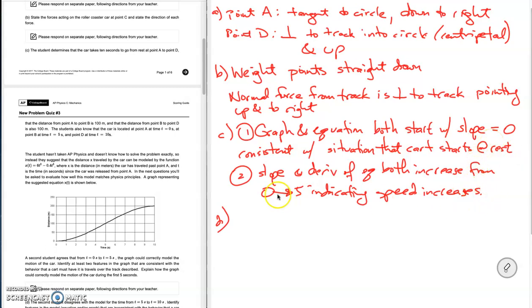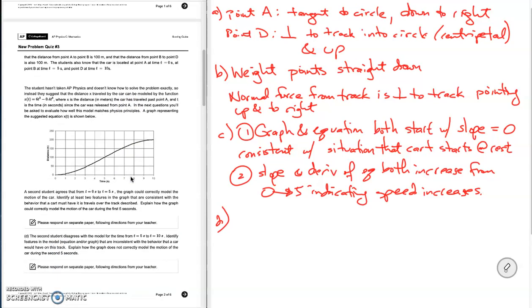Now in part D, instead of looking at the first half of the graph and the equation, now we're going to look at the deficiency in the second half. The second half is how are we not modeling it correctly for this part. All right, there are again two aspects relating to the speed at a particular point as well as what's going on there.